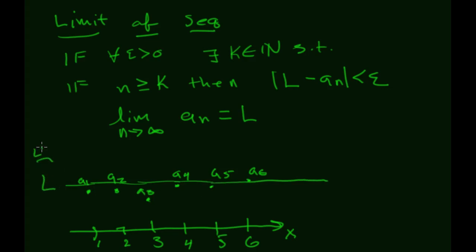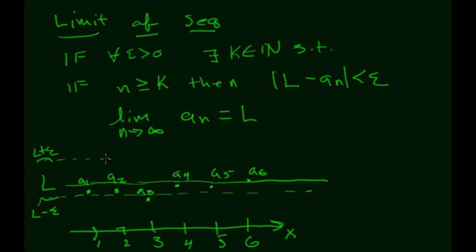I take L plus epsilon up here. I take L minus epsilon down here, so basically building my tube again, right?